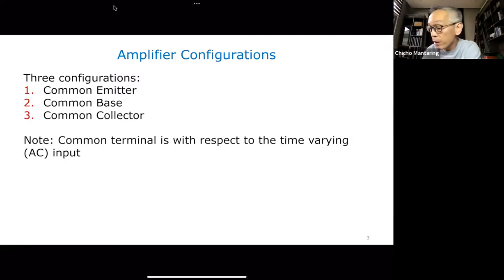So for a common emitter, the emitter is your reference, okay? And then your input is at the base, and your output is at the collector. So that looks something like this.